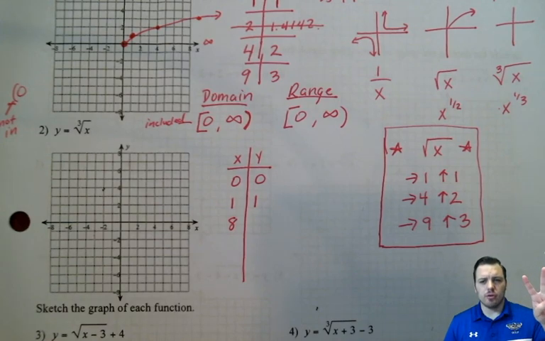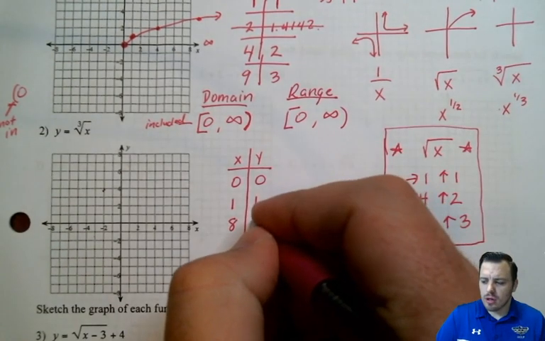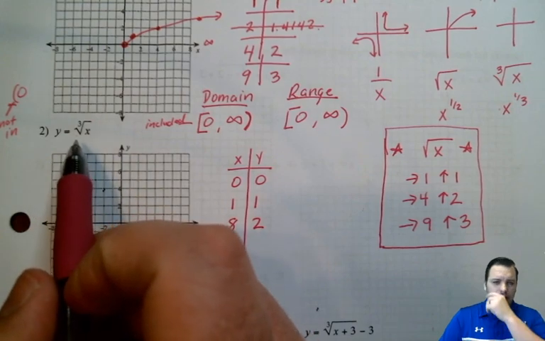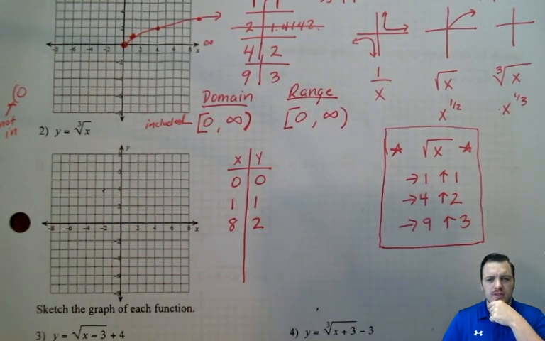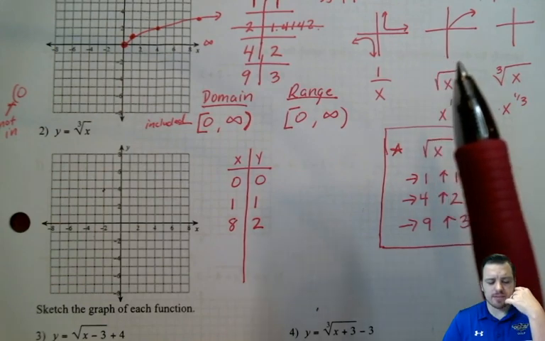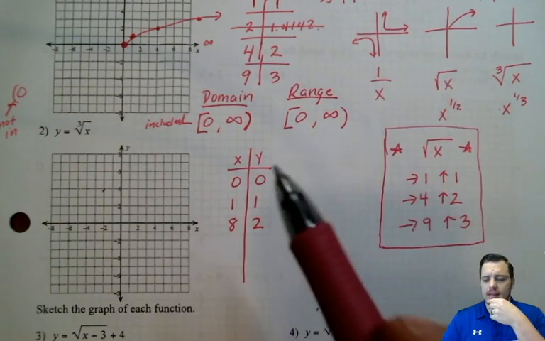Well, 2 times 2 is 4, then times another 2 is 8. So the cube root of 8 is equal to 2.